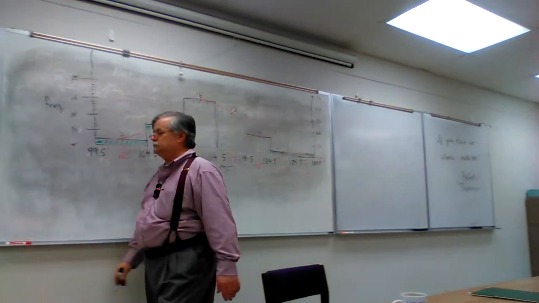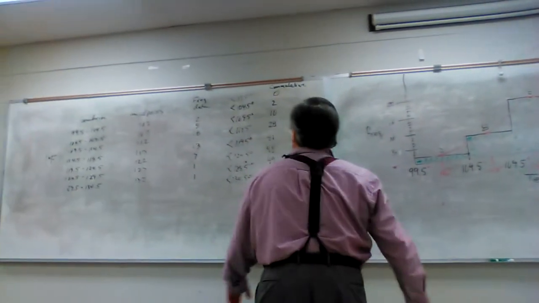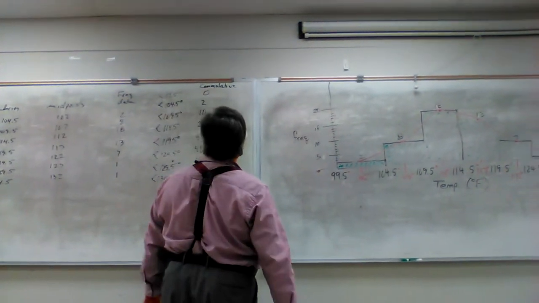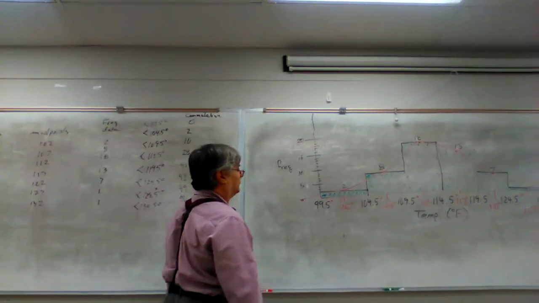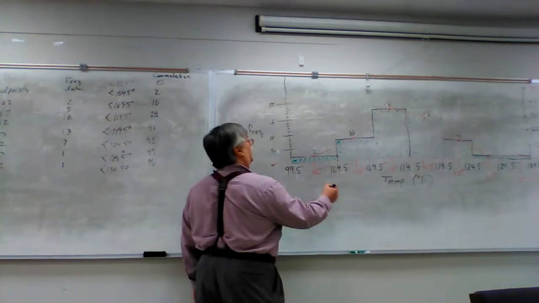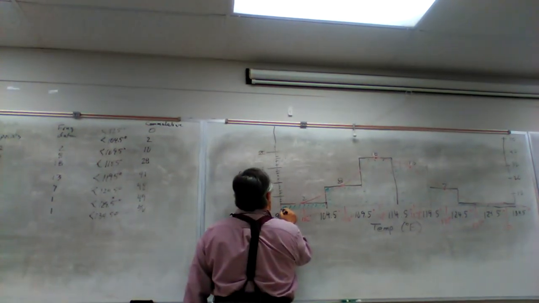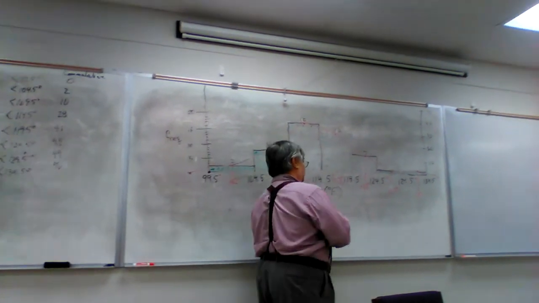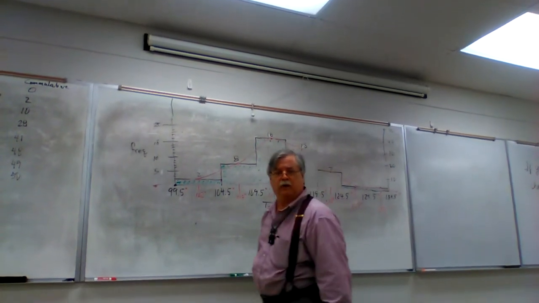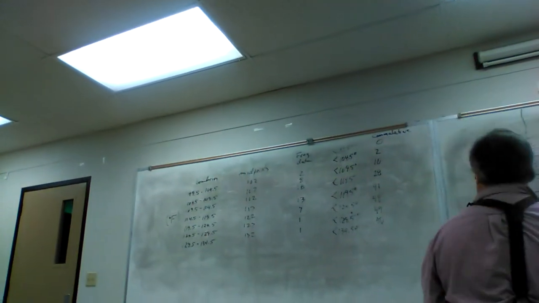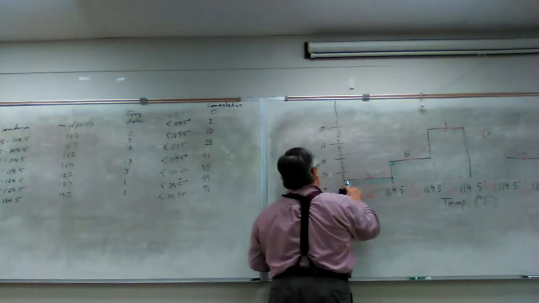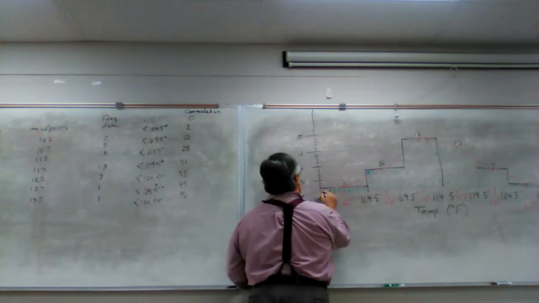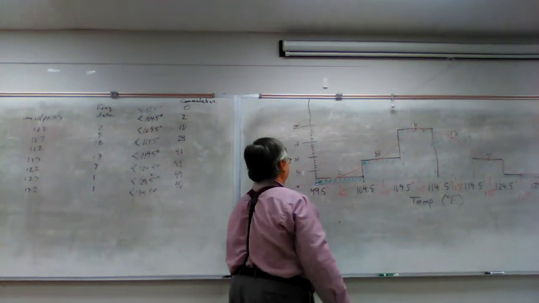Now, where do we plot this first one? At less than 99.5, we have 0. So, at 99.5, we put a 0. And I'm going to see if I've got another color marker to use here. Change that to a 0.